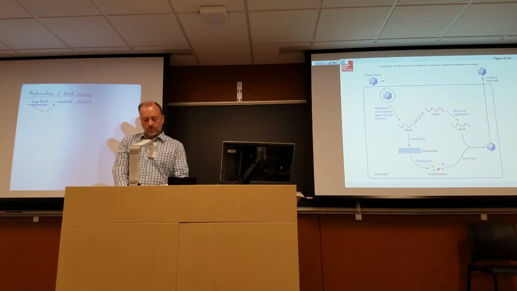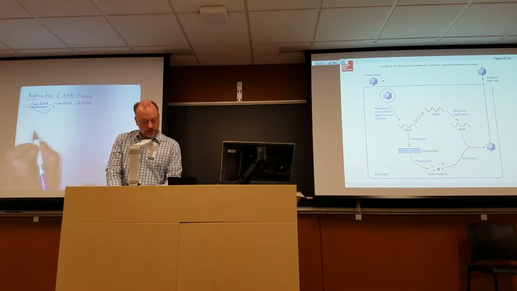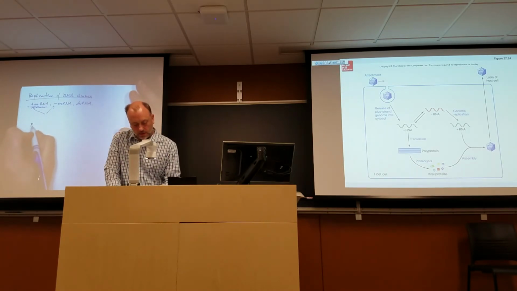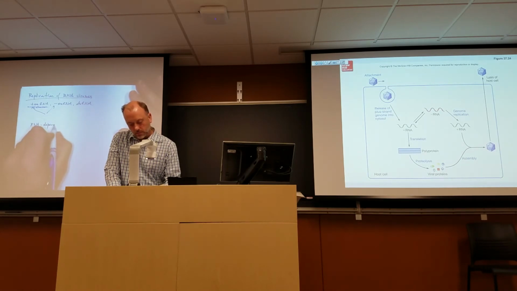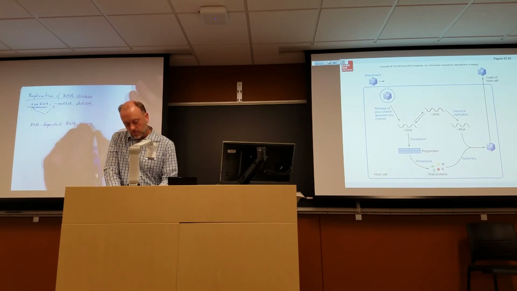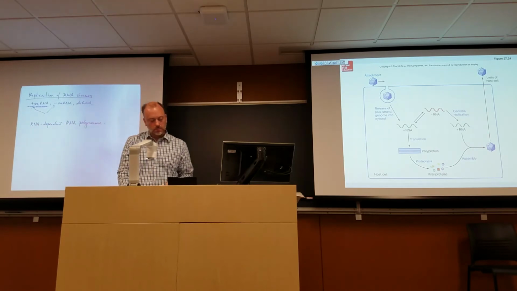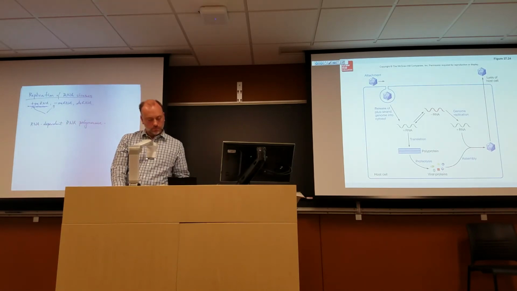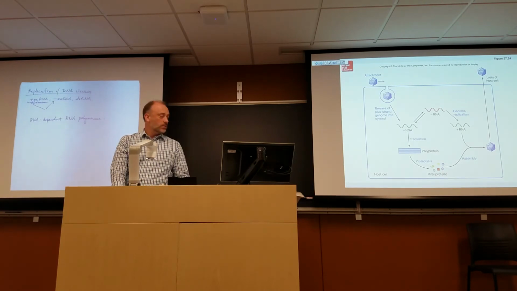So what happens with replication of all viruses, with their RNA viruses, they use an enzyme called RNA-dependent RNA polymerase. And there's two kinds of activity that RNA-dependent RNA polymerases can have.